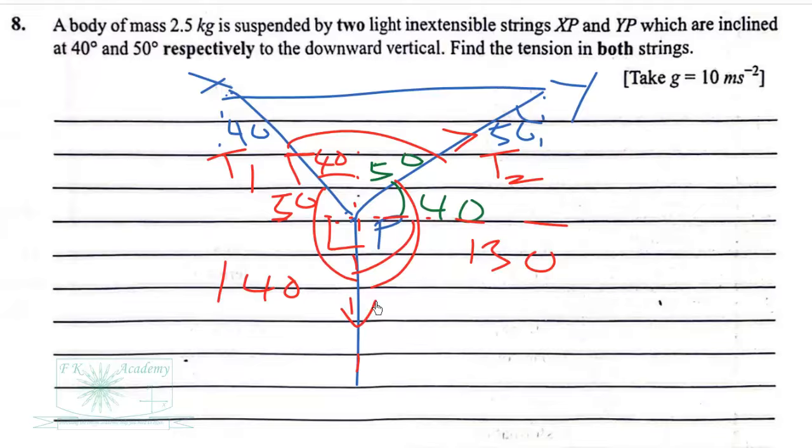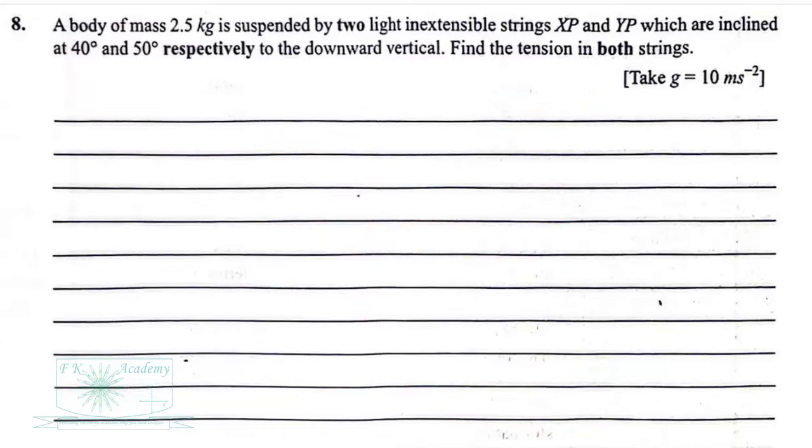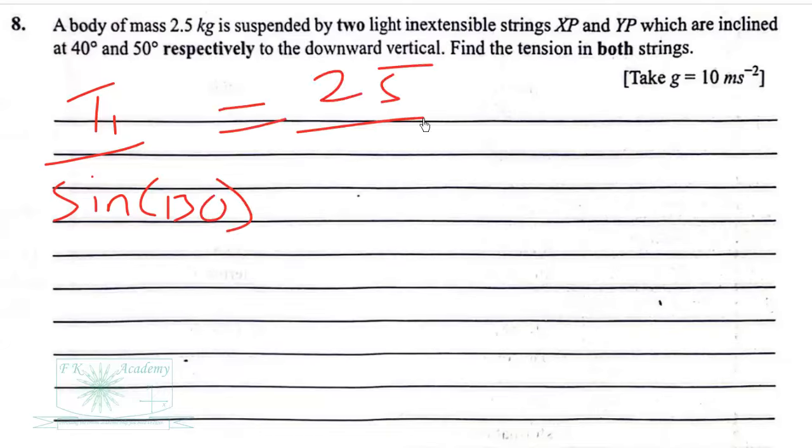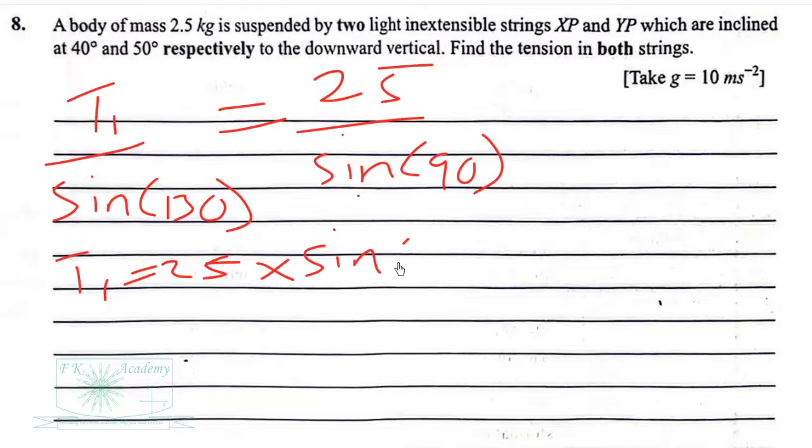Then the weight will be W equals mass times acceleration due to gravity, 2.5 times 10, and that will give us 25 newtons. So using Lami's theorem, T1 over sine 130 is equal to the weight, 25 over sine 90. Sine 90 is 1, so T1 will be equal to 25 times sine 130, and this will give us 19.15 newtons.